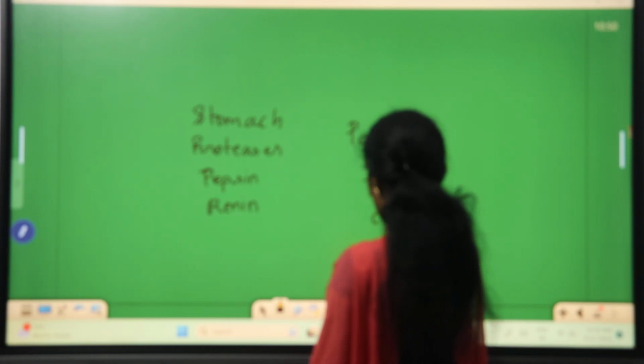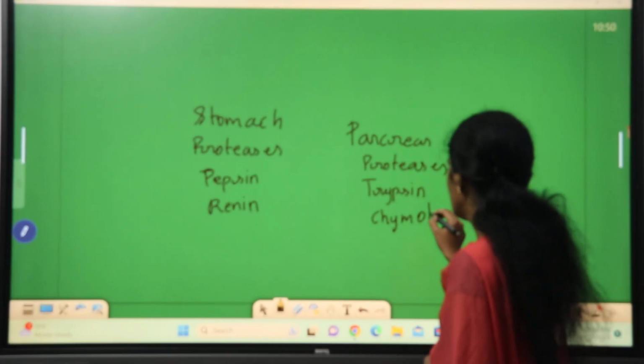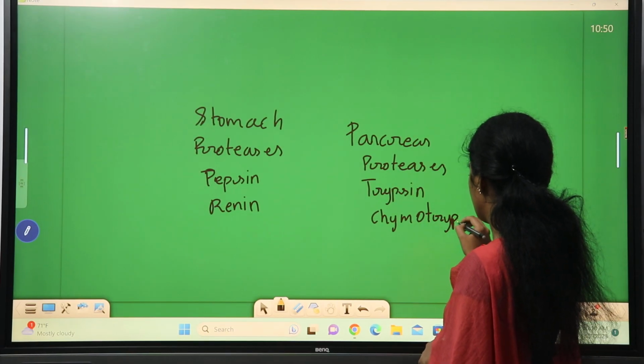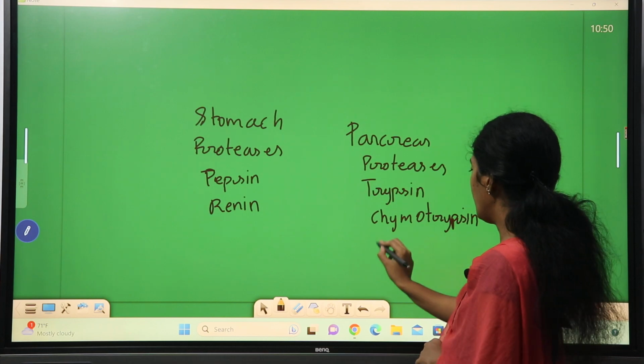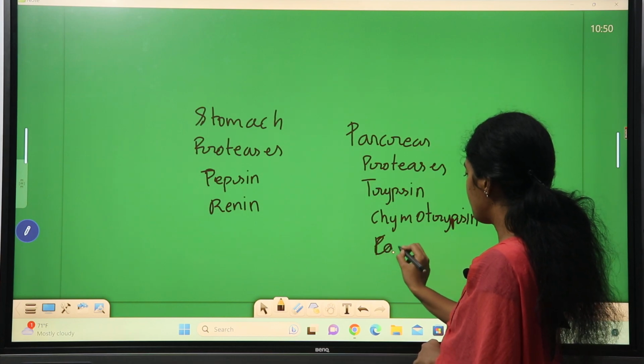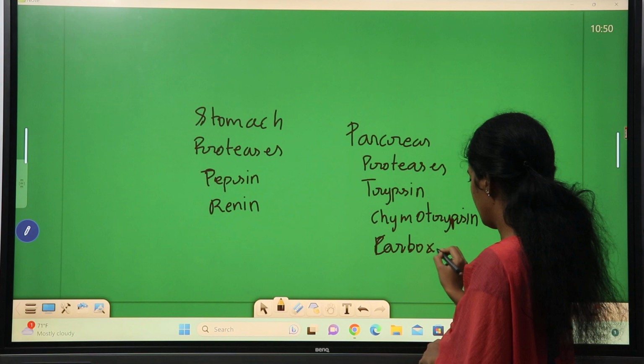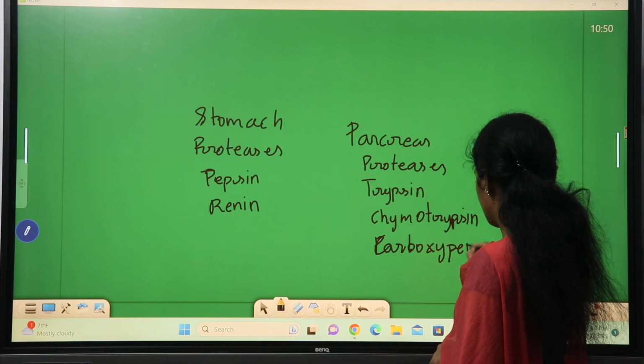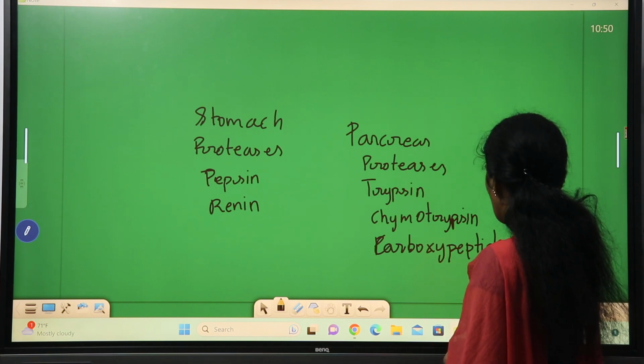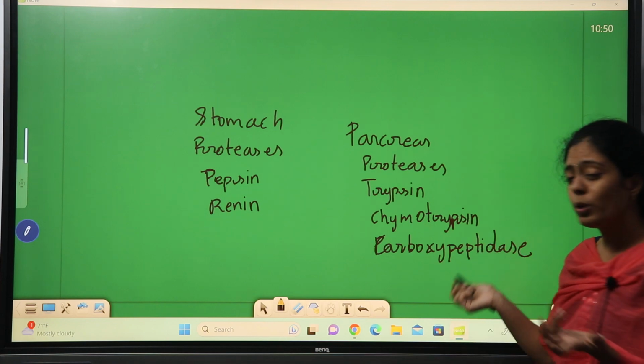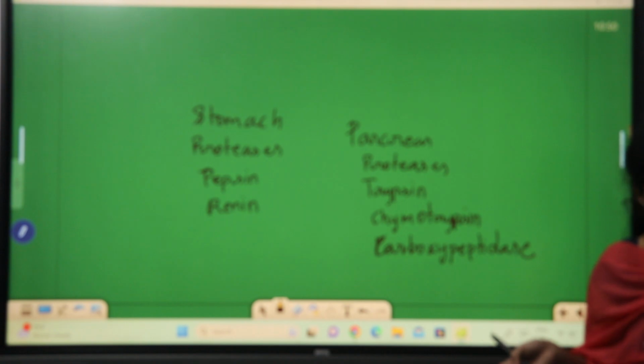Many people get confused, that is why I am making you write here. What do you mean by proteases? Protein digesting enzymes.